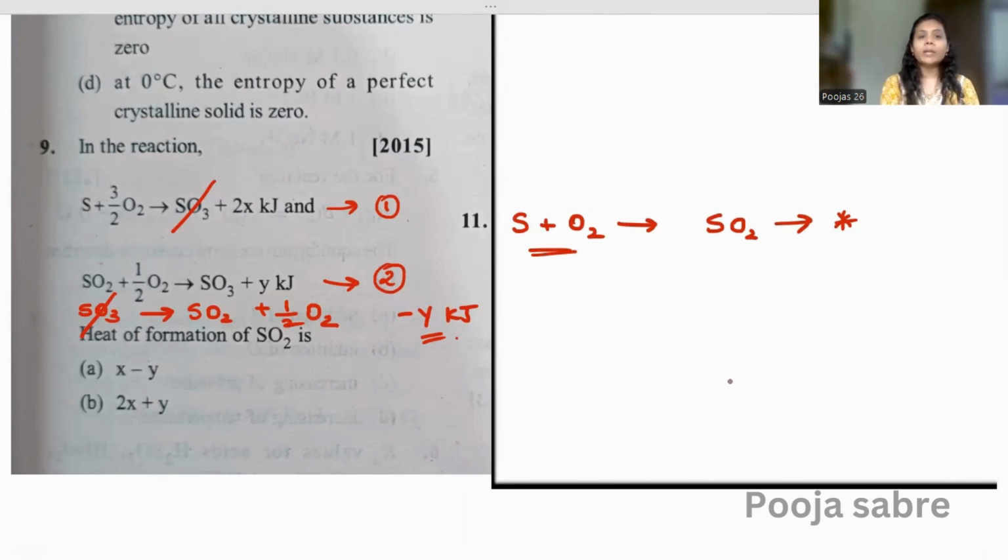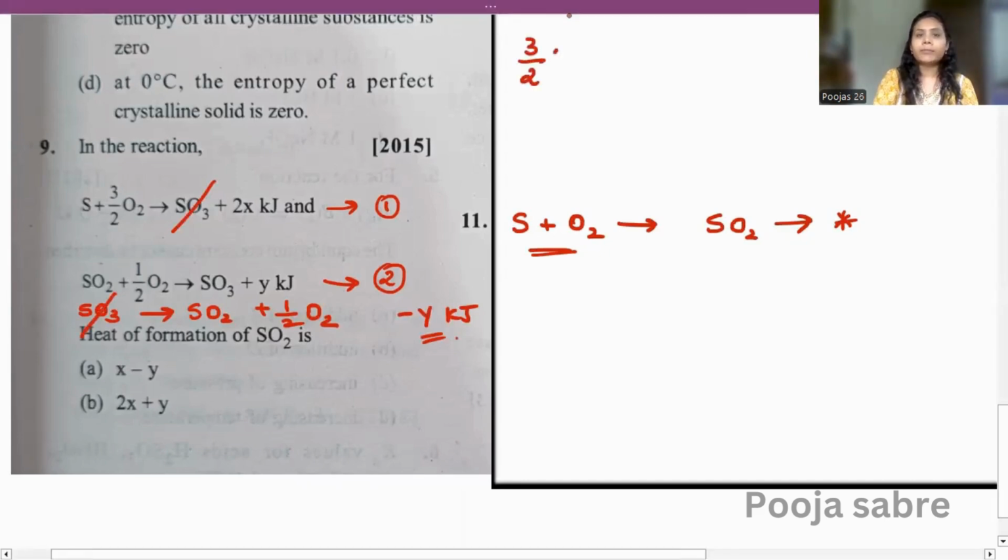ठीक है. Now let us have a look on the oxygen. अभी ये oxygen balance हो रहा है या नहीं हो रहा है? We will just have a look. First and second है 3/2. ठीक है, फर्स्ट इक्वेशन में. एंड सेकेंड इक्वेशन में प्रोडक्ट साइड में हाफ है. तो सिंपली व्हाट वी आर गोइंग टू डू इज यू टेक दिस ऑन द अदर साइड. दिस विल बी माइनस. सो दोनों अगर ऑपोजिट साइड में है तो आपको सब्ट्रैक्ट करना है. ये हमेशा याद रखो. सो दिस विल बी 3 minus 1, 2, 2 upon 2, 1.